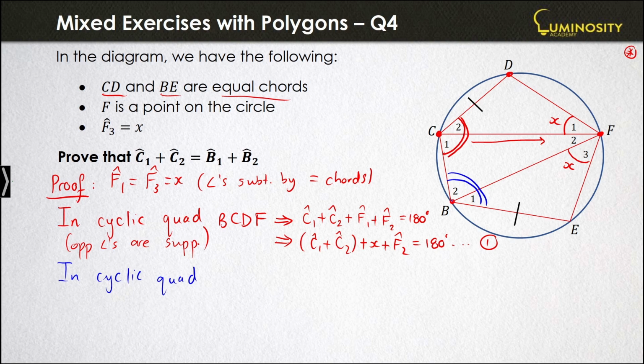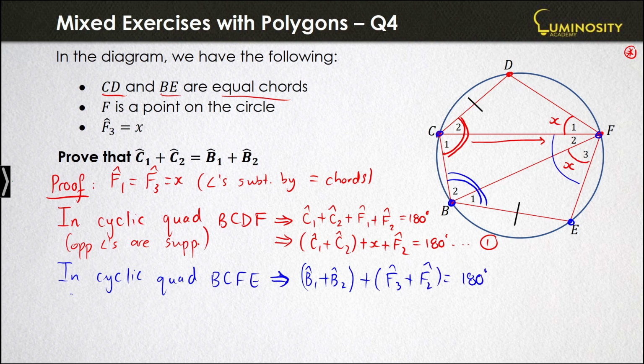So in this cyclic quad here, BCFE, and again, I know it's a cyclic quad because all the vertices are on the circumference of a circle, I can note that angle B1 plus angle B2, which I'm going to group together, plus the opposite angle, so angle F3 plus angle F2, must equal 180 degrees as well. And again, by that same reasoning, opposite angles are supplementary.